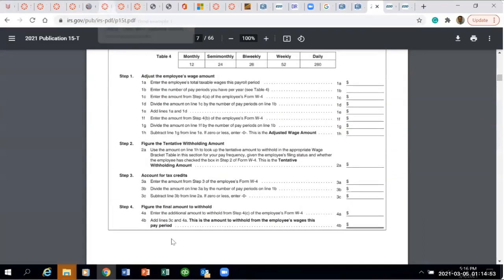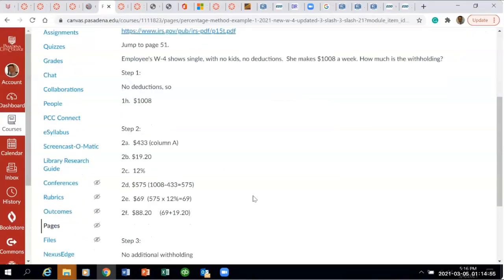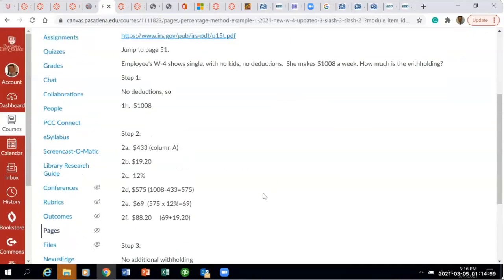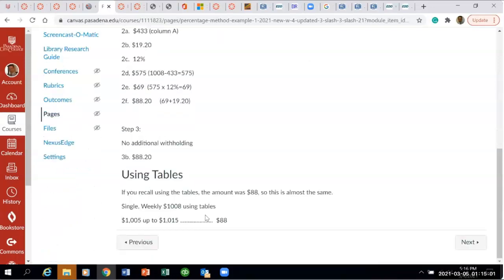But because we don't have any so-called allowance, not allowance, but any dependent, we just pay the regular $88.